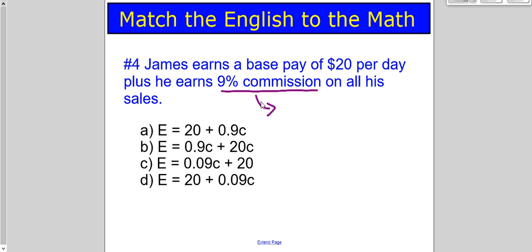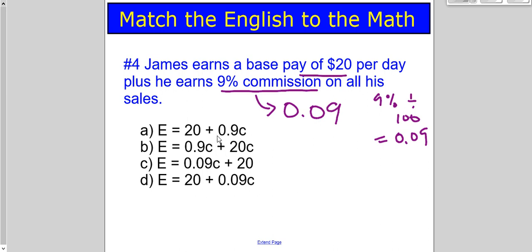It has to be changed. So 9% is the same thing as 0.09. You can just take your percent and divide it by 100, and that would give you 0.09. So his commission is going to be 0.09 of all his sales plus the $20 per day.